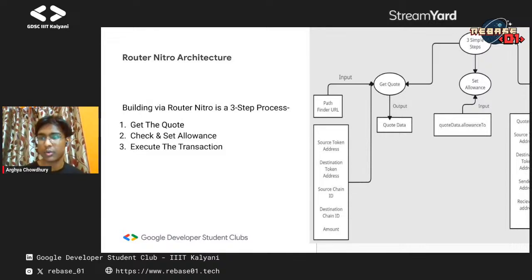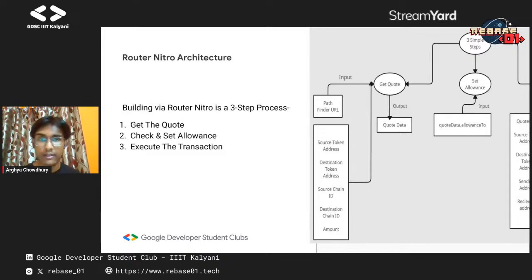I can't exactly show this. Really sorry, I made this PPT just a few hours before taking on the session, so I couldn't expand on it. In this execute the transaction function, you will have different parameters, such as the code data. You are getting the code data back from get code, right? So that code data, then source token address, destination token address, sender token, receiver token, and there are multiple parts of it.